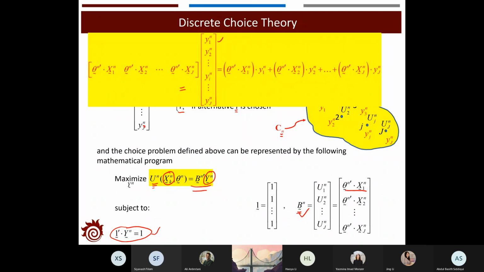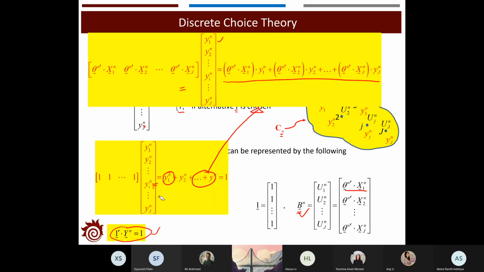This one can be written into this linear equation, and that's the utility for each individual with respect to all the alternatives.